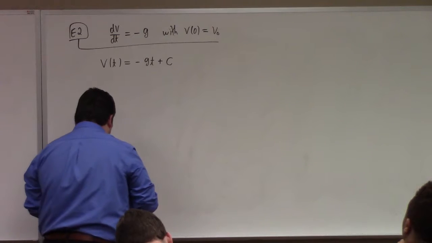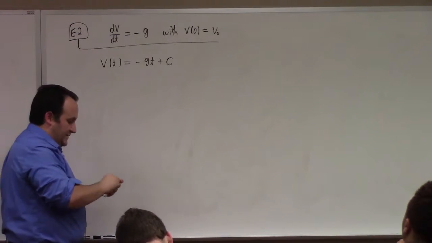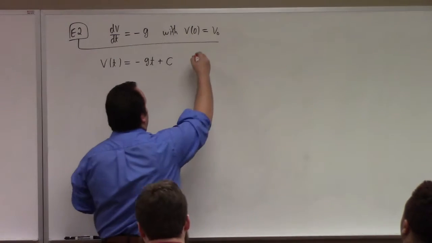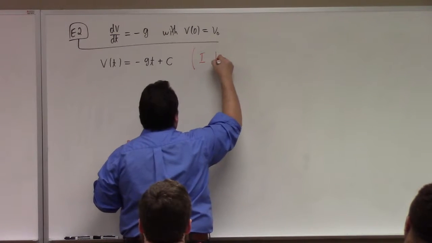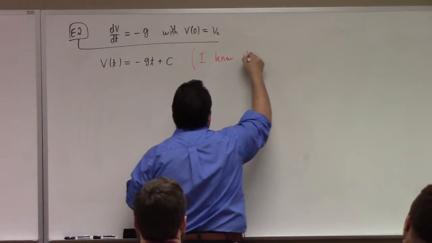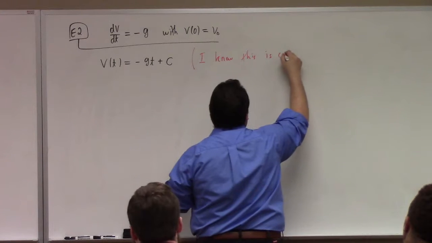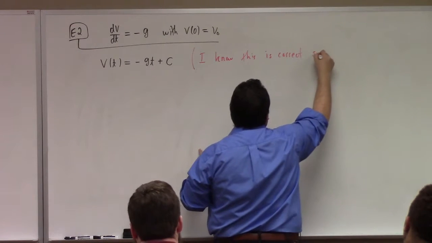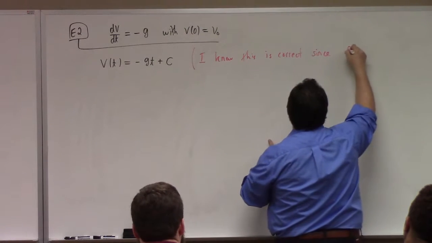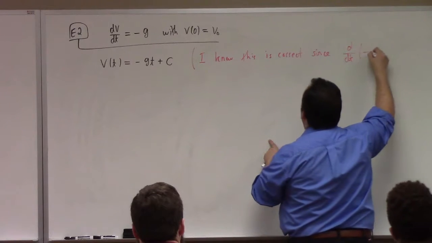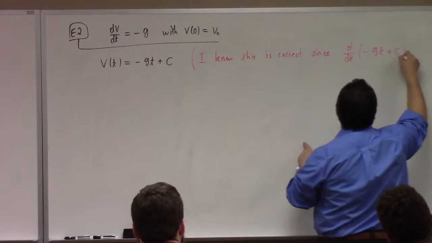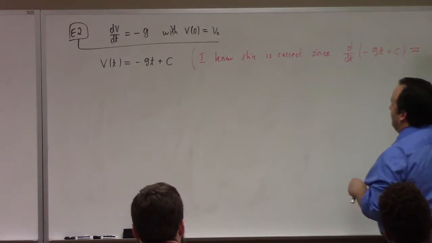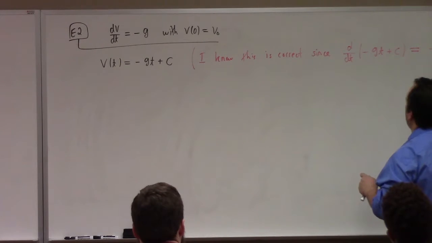Now, I would argue that this is simple enough that you can just see that. I know this is true. It's correct since d/dt of minus gt plus c is equal to what? Minus g, right?